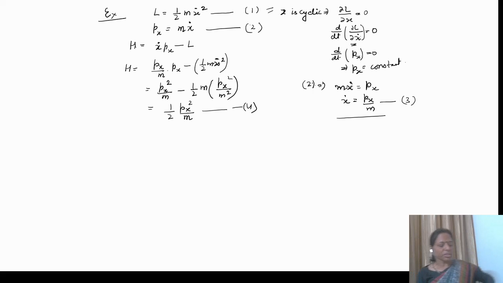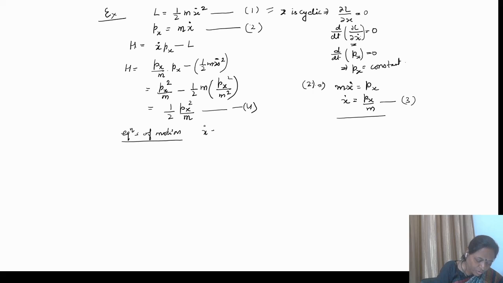This is H in the old coordinate system, right? Now what is the equation of motion for this system? By definition, x dot is delta H by delta px, and px dot is minus delta H by delta x.